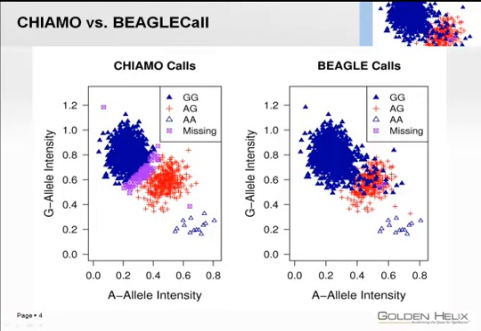Well, remember, it's not just looking at one SNP, it's looking at neighboring SNPs as well. And they were able to verify using HapMap calls that had been typed across multiple arrays and had very high confidence that even though it didn't perform well for, say, this array, it performed well for some other array, and they were able to confirm very high accuracy with their calls.